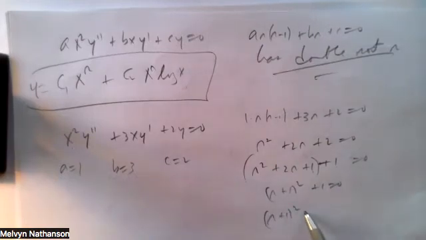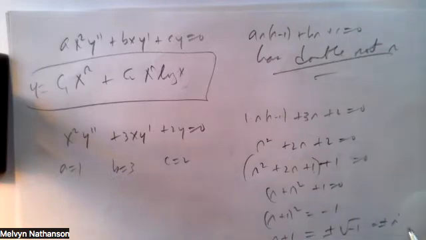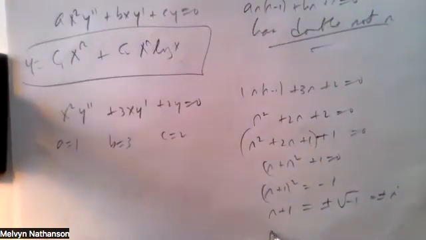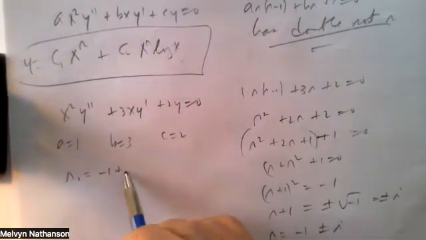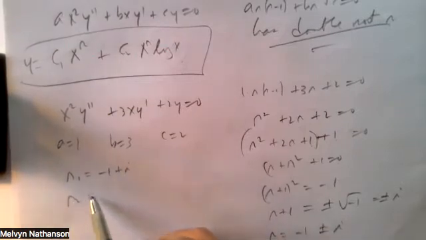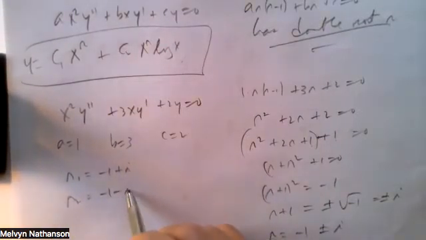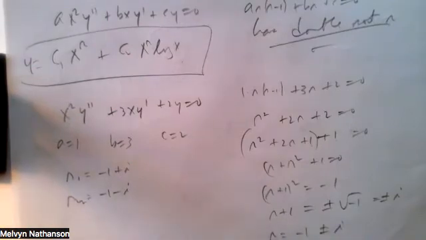So (r plus 1) squared is minus 1. So r plus 1 is plus or minus the square root of minus 1, which is plus or minus i. So r is equal to minus 1 plus or minus i. So we have two roots. r1 is minus 1 plus i, and r2 is minus 1 minus i.